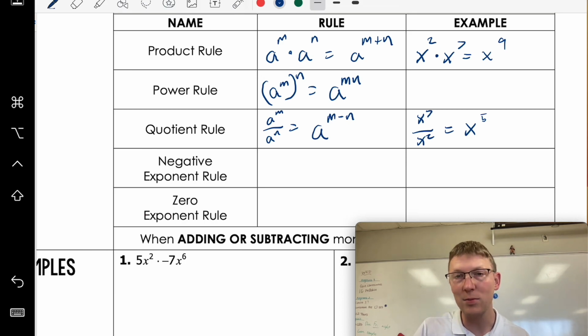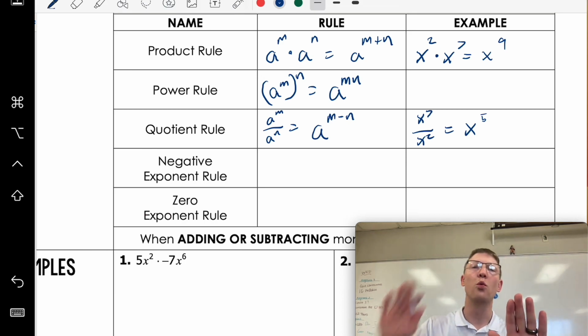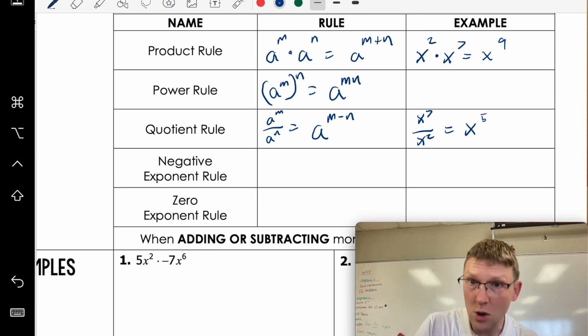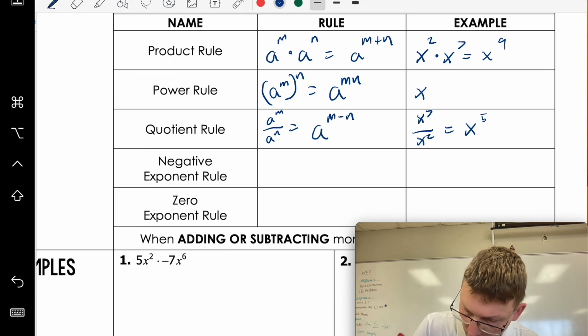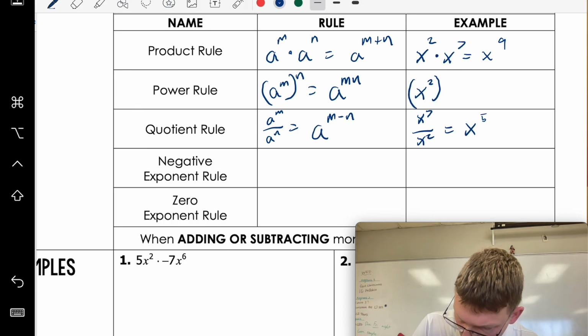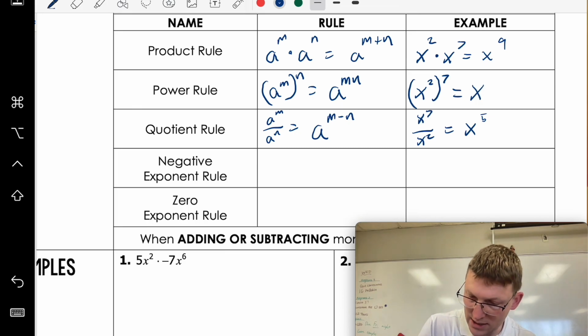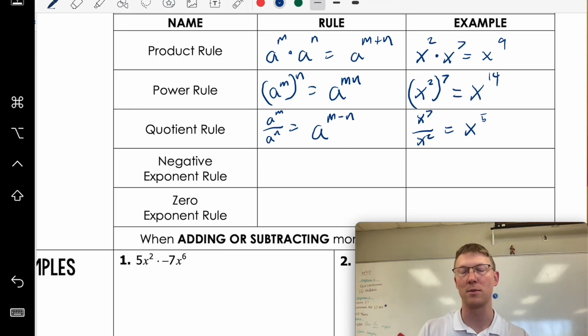When you have a power raised to a power, those exponents are multiplied together. For example, we're playing with 7s and 2s, so we have x squared raised to the 7th power equals x raised to the 14th power. So that's how that one's going to work.